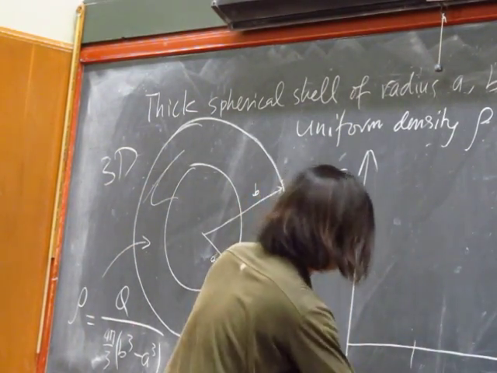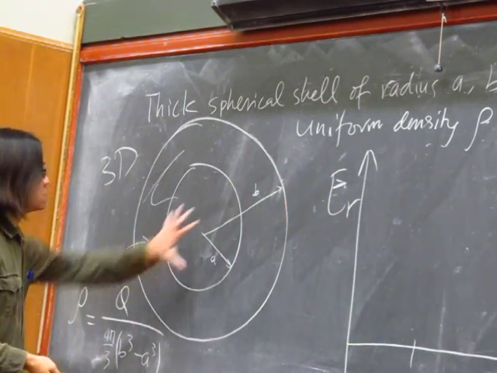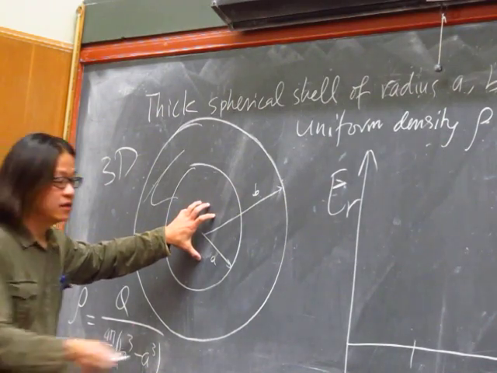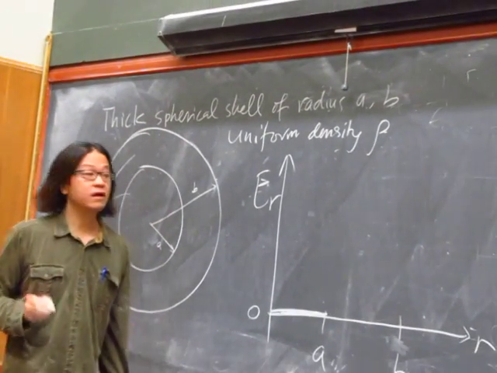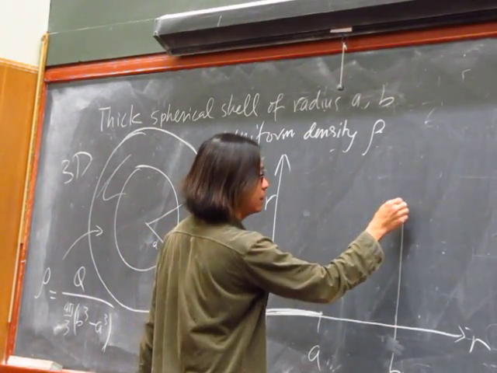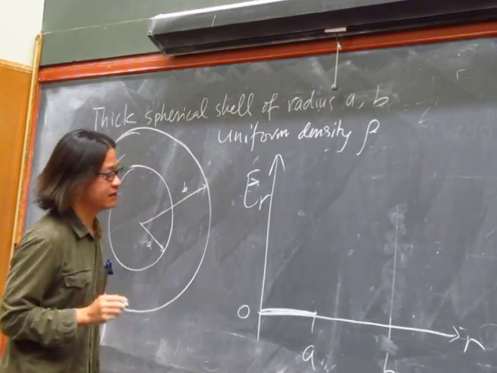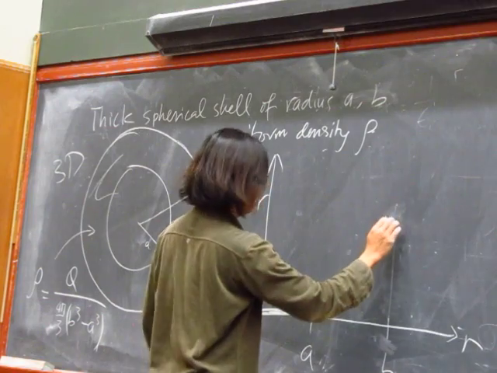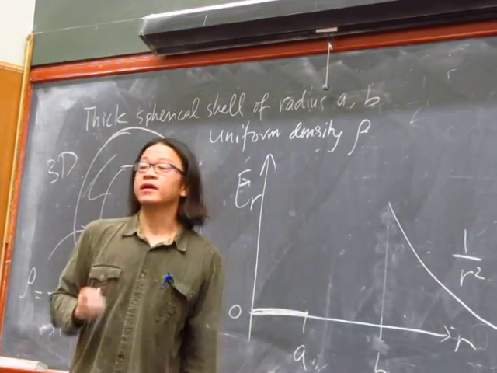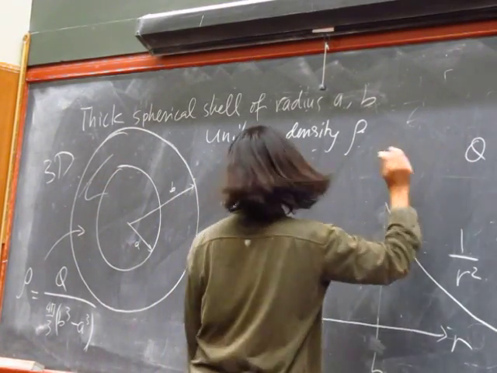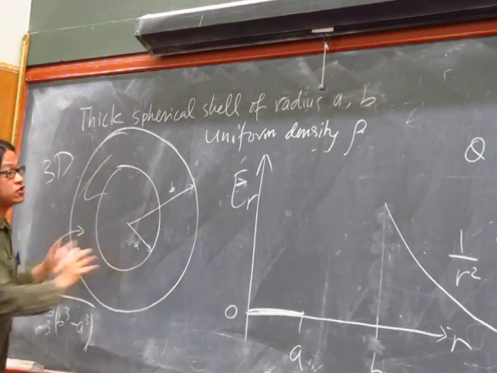Now, same application of Gauss's law: no charges inside, so the electric field is 0 here. Okay. And outside, this line here goes as 1 over r squared. In fact, it's just Q, and Q is just the density times the volume of that big shell.